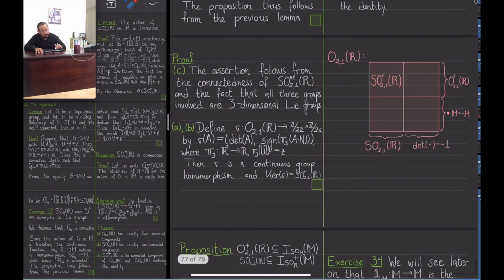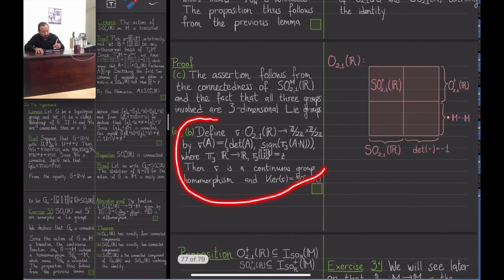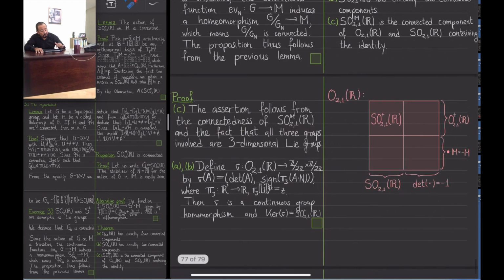Right? Yeah, which I think can also be seen from what I argue here. Okay, so for C, this one is a three-dimensional connected Lie group. So it's contained in the connected component of the identity of each of these groups, and the connected component of the identity here and the connected component of the identity here is a three-dimensional Lie group.